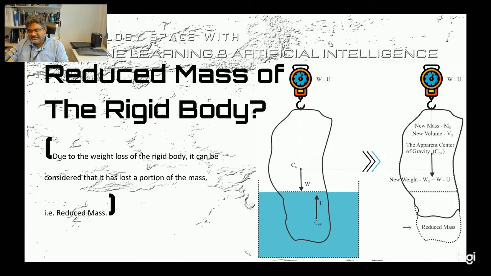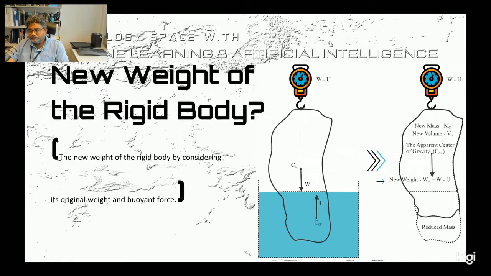So since it has lost some weight, the mass distribution in that rigid body should also be changed. And then this concept is introduced in this case as the reduced mass. So if the reduced mass is going to be a part of that new rigid body, then it should have a new weight value also.